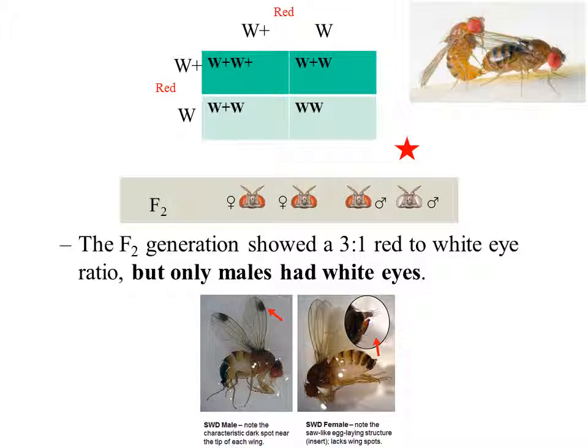Now, if we subsequently crossed those siblings, we would get a 3-to-1 ratio, 3 red eyes to 1 white eye. But what Morgan noticed after observing the sex of these flies was that 50% of the males were white-eyed and 50% of the males were red-eyed.